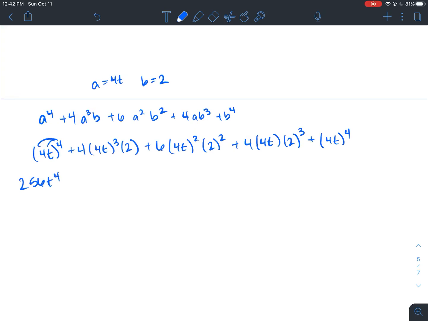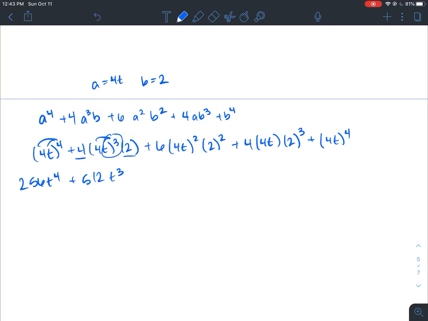Now in the next term I have 4t being cubed. So that's going to be 4 times 4 times 4, so that's 64 times 4, which again is 256. And then that's being multiplied by 2, so that should be plus 512, and then the t was being cubed. t cubed.